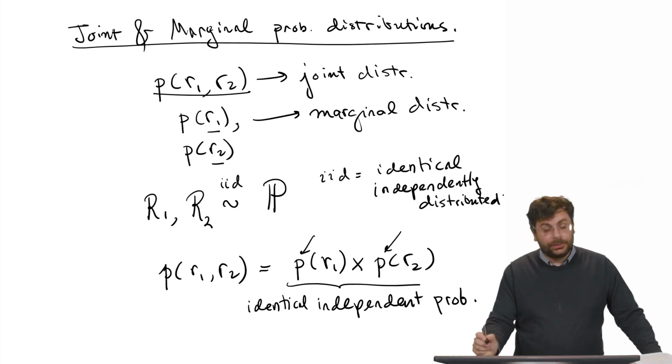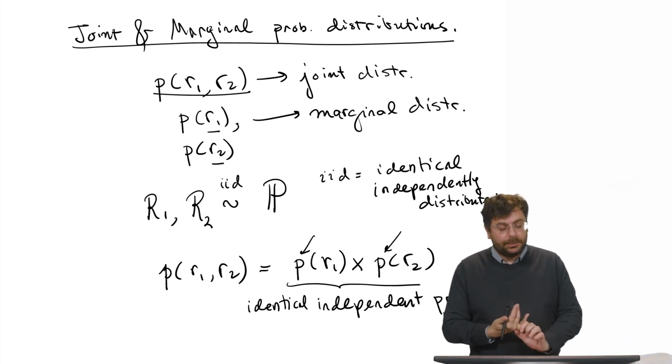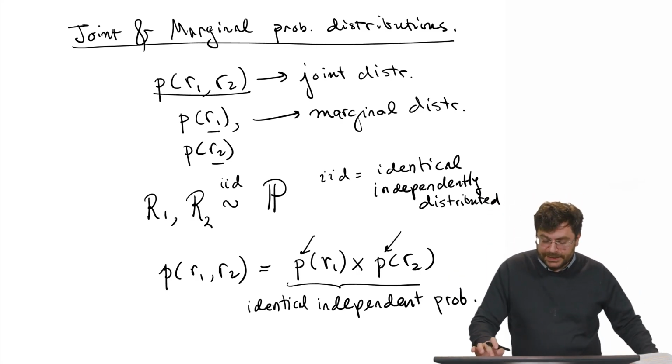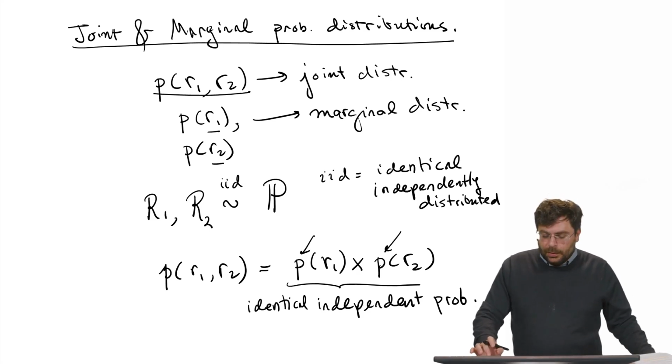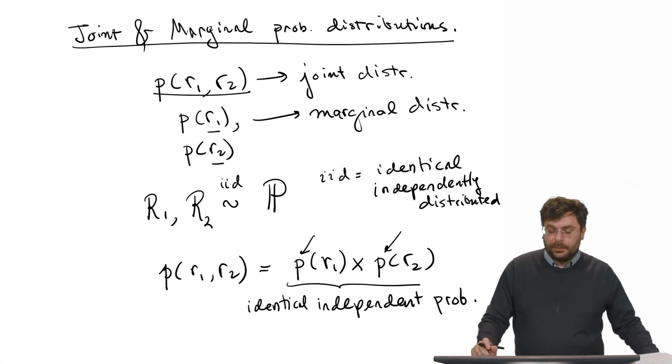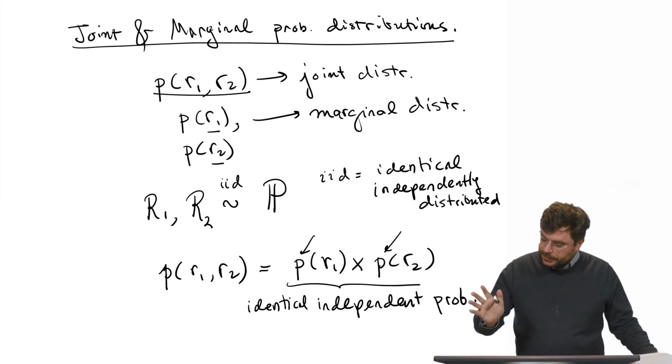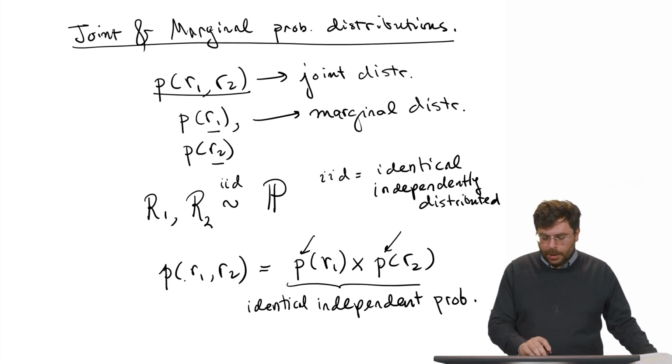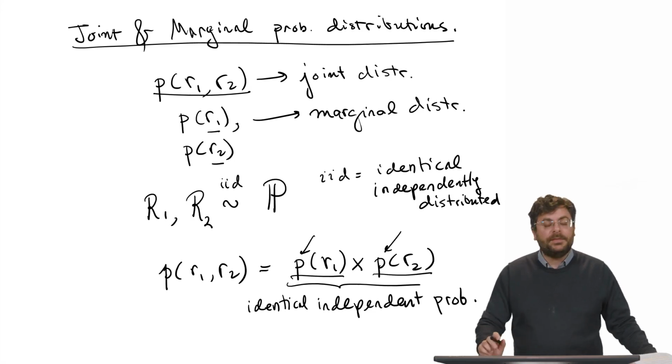Now, it's not true in general that things are identically and independently distributed. You could be identical without being independent, or you could be independent without being identical. There's a special case of variables where you can write down probabilities as products of all of the same forms of the p's, which is a special case of identical and independent distributions.